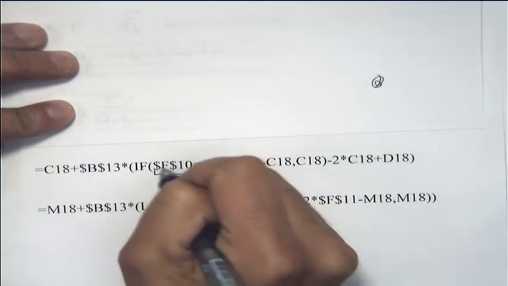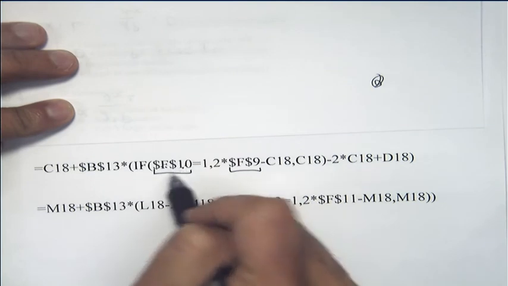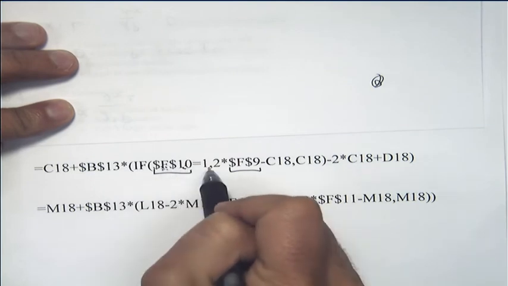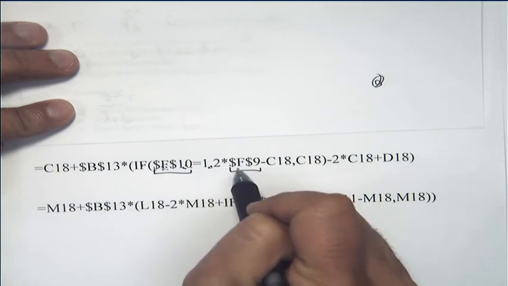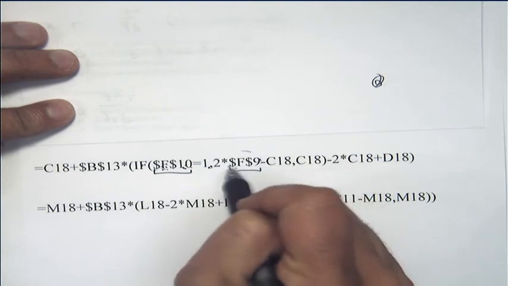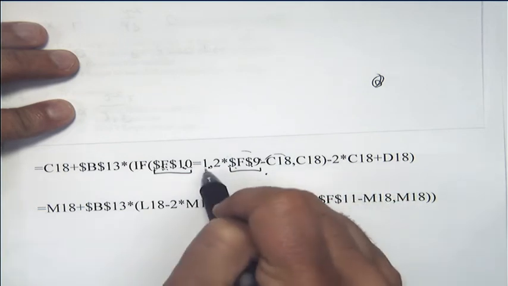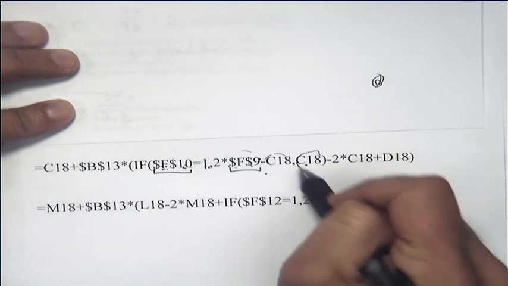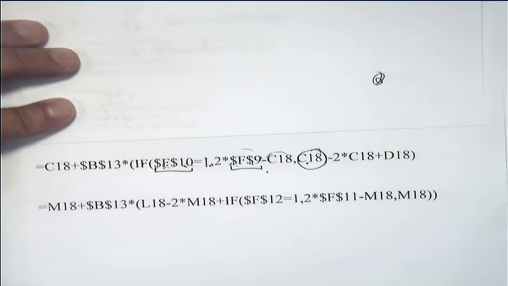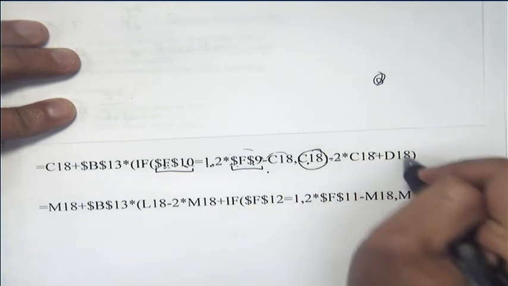So I said if F10, that's if the boundary condition is 1, meaning if it's a Dirichlet condition, then it's 2 times the boundary pressure, $F$9, minus P1, which is C18. If it was not 1, then it must have been a Neumann boundary condition, in which case P0 is equal to P1, which is C18. And then, of course, it's minus 2 times P1 plus P2.